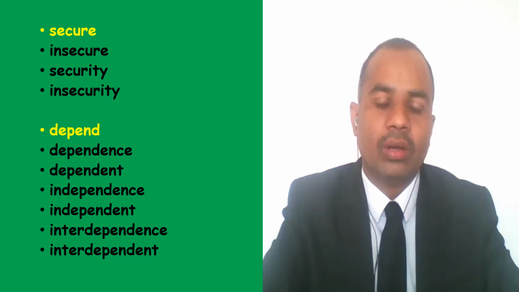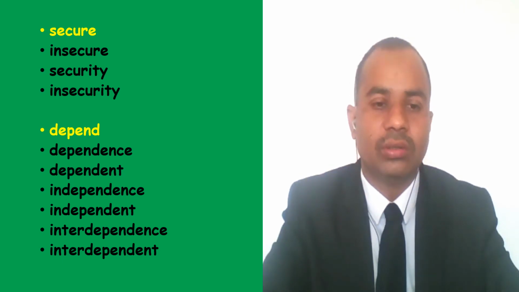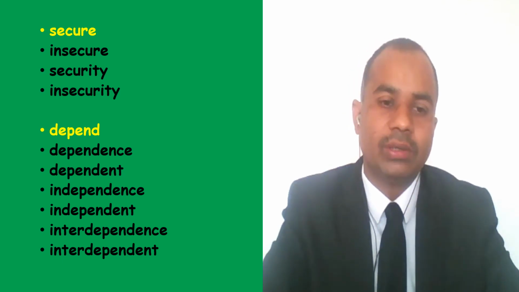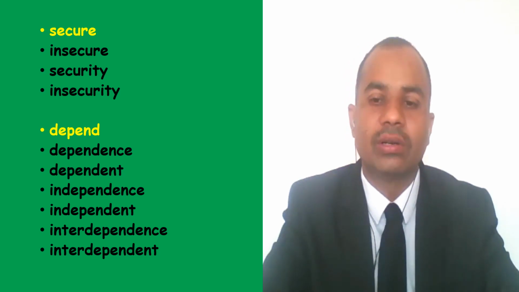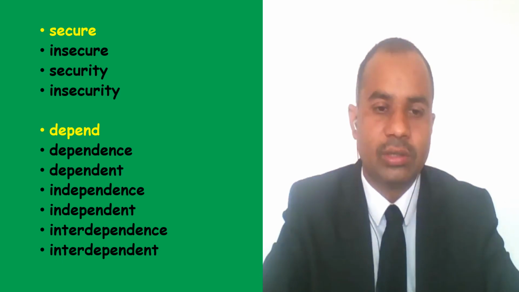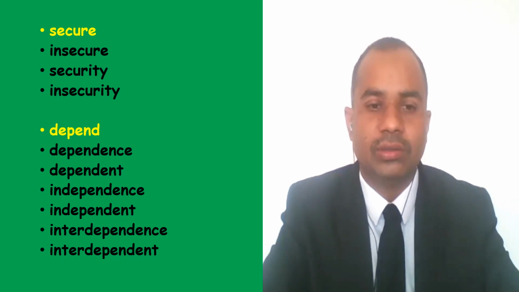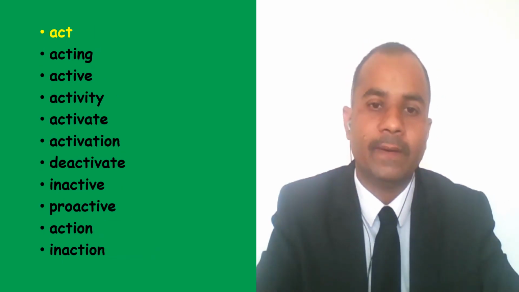Now different countries are not dependent on other countries, but we have to live as interdependent. It's interdependence between the countries. Man and nature are interdependent, so they depend on each other.